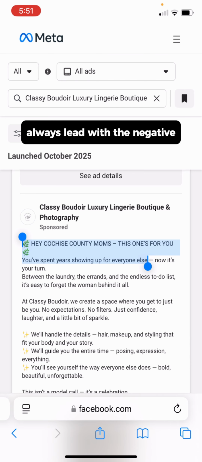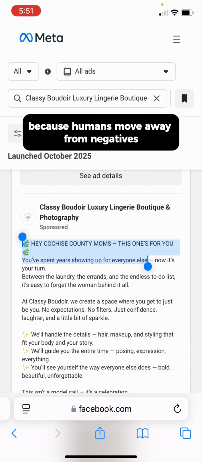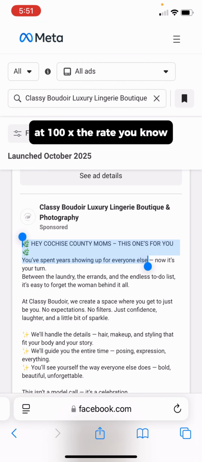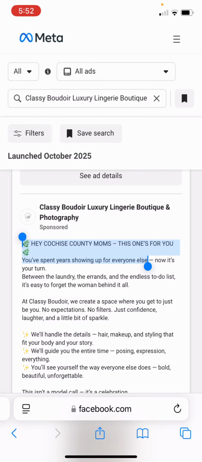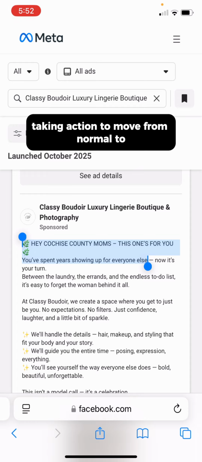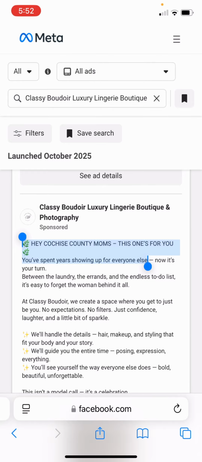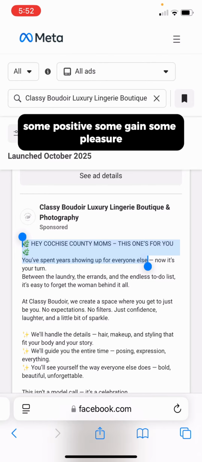And we always, always, always lead with the negative because humans move away from negatives at 100x the rate, to get back to normal, than they move from normal to some positive, some gain, some pleasure. And we know this to be true.